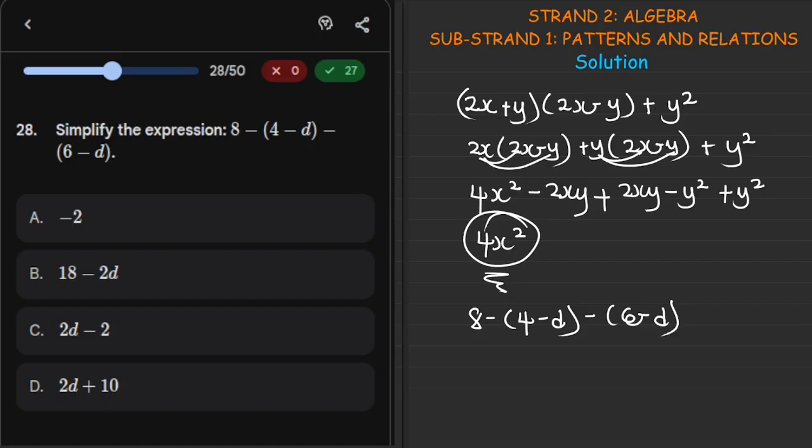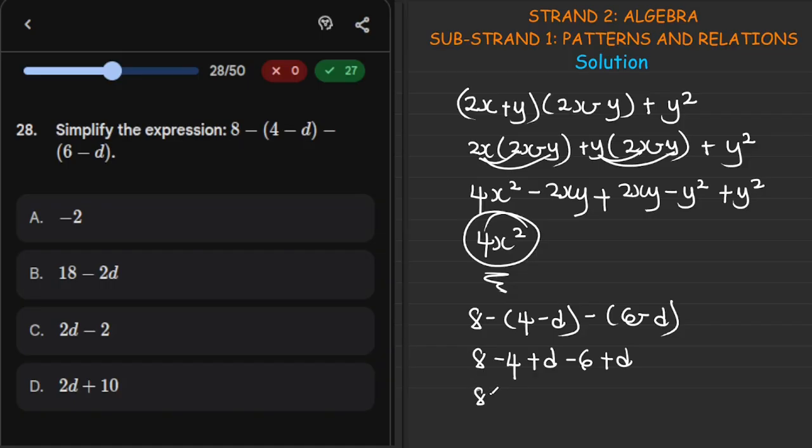We need to open our bracket first. So we have our 8, then the negative times 4 gives us a negative 4. Negative times negative d gives us a positive d. The negative 1 times 6 gives us a negative 6. A negative 1 times negative d would also give us a positive d. With that, group like terms.